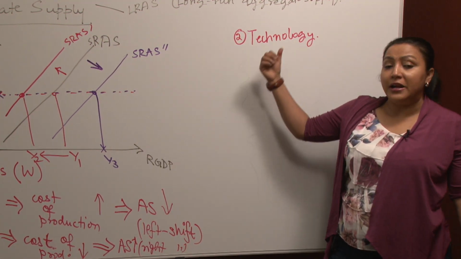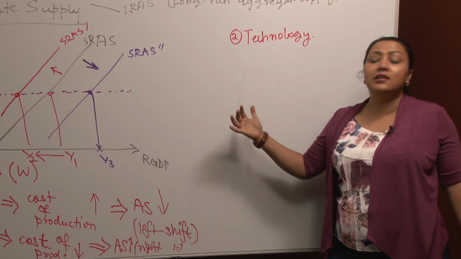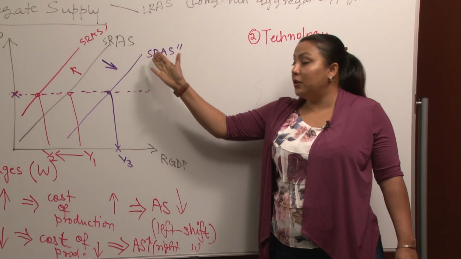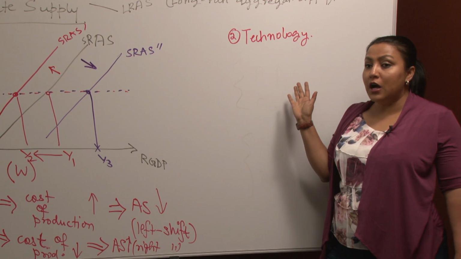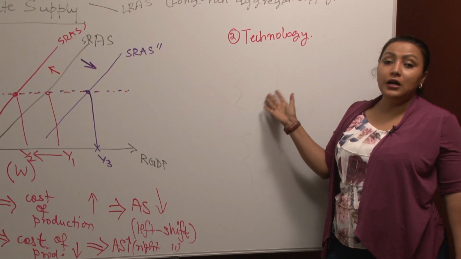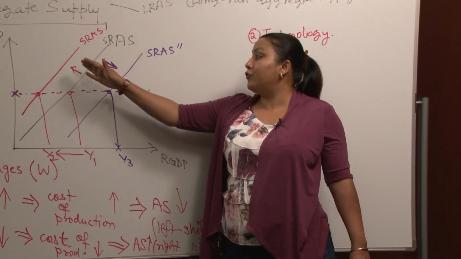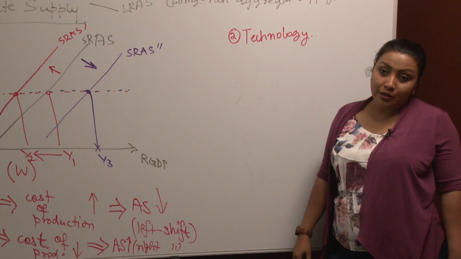So better technology causes a right shift of aggregate supply, and hence takes the real GDP up, something similar to the purple line, and deterioration in technology would result in a decrease in the aggregate supply in the short run, causing a left shift of the curve, something similar to the red line that you see on the graph. Okay.